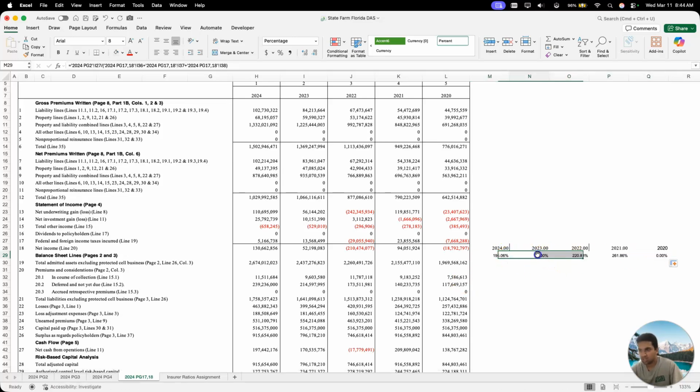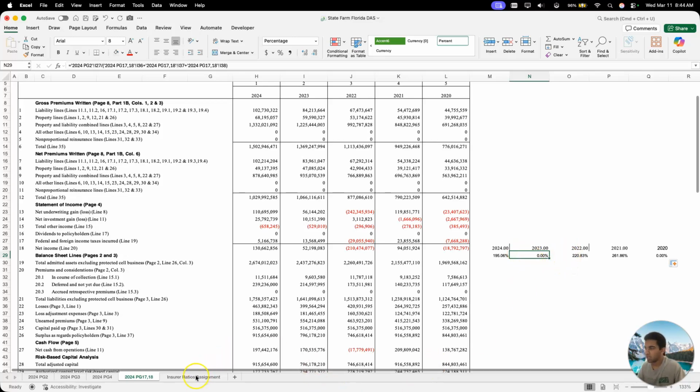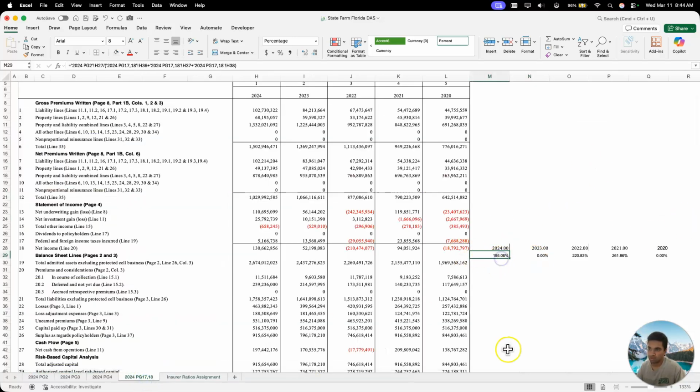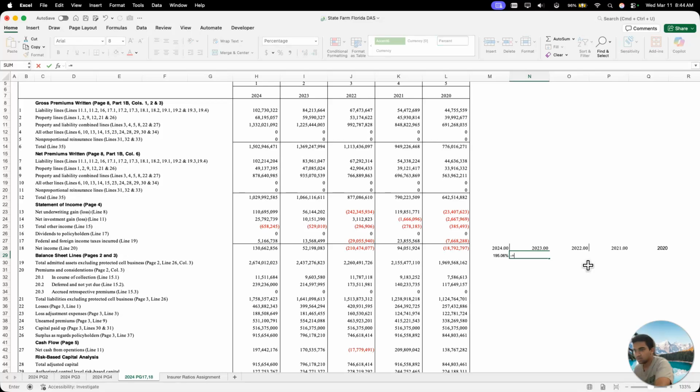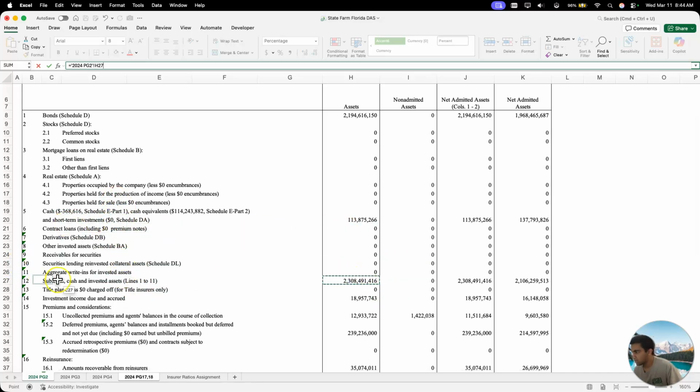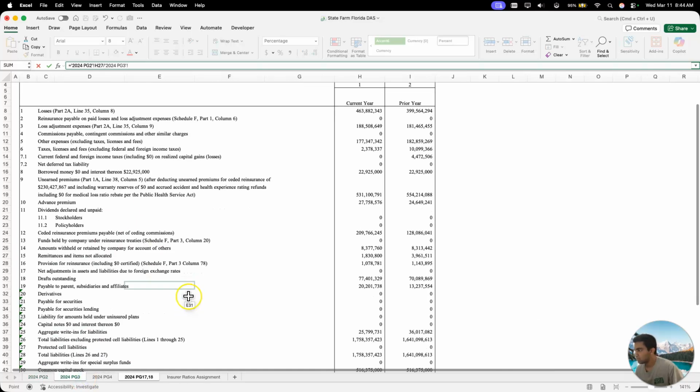Close that, enter, and you get 195.09 or 06. Drag it out. You can't, because it doesn't exist. Let's make sure I got that number right. Boom. So we have this number for 2024. And if you wanted 2023, all you have to do is take equals the cash and short-term investments right here, the aggregate subtotal cash and invested assets, divided by, go to your liabilities page.